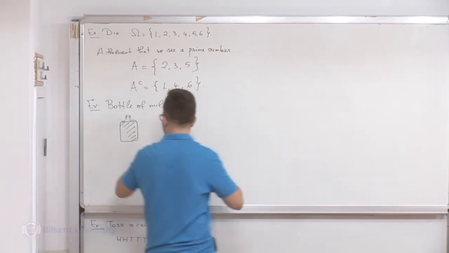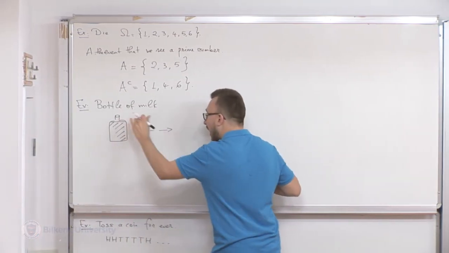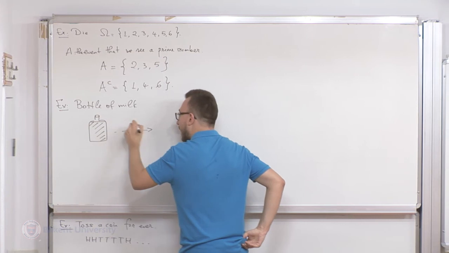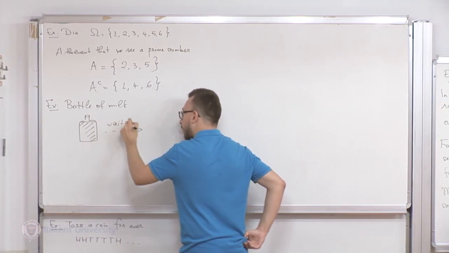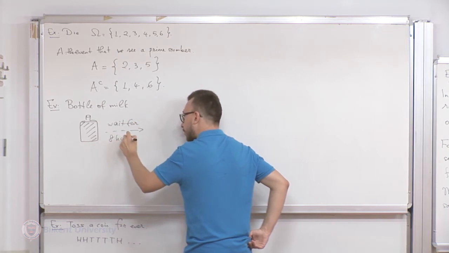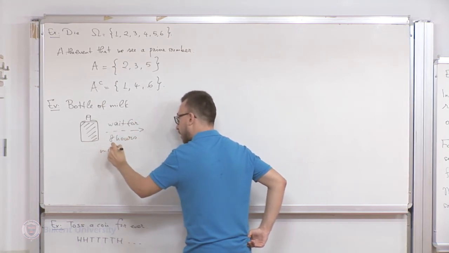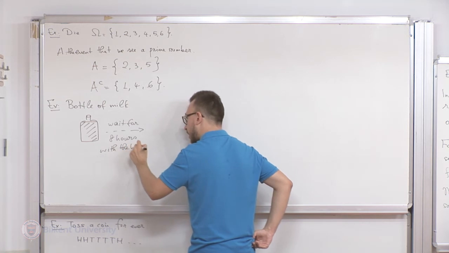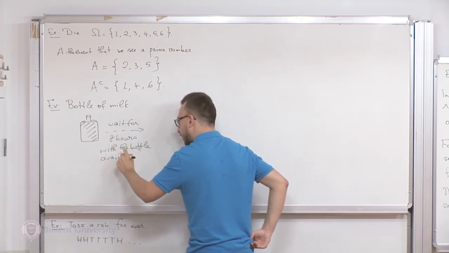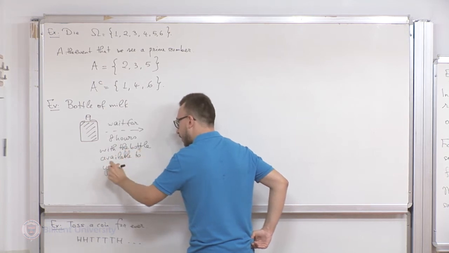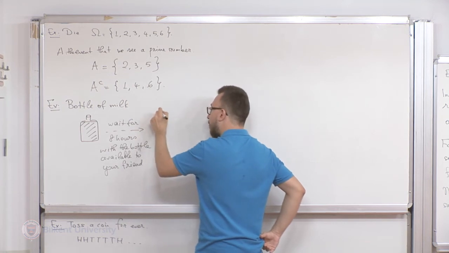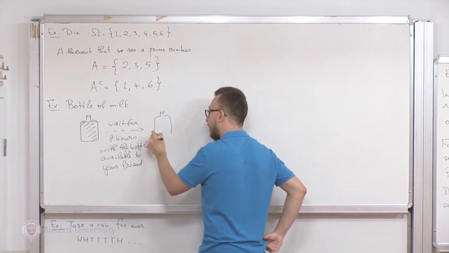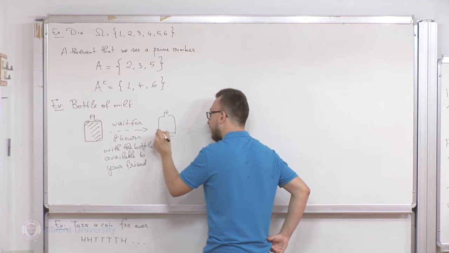So once you see how much milk is left in the bottle, having waited 8 hours with the bottle available to your friend, you perform the random experiment and see how much milk is left.